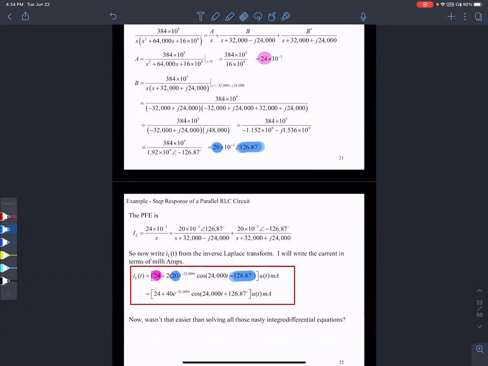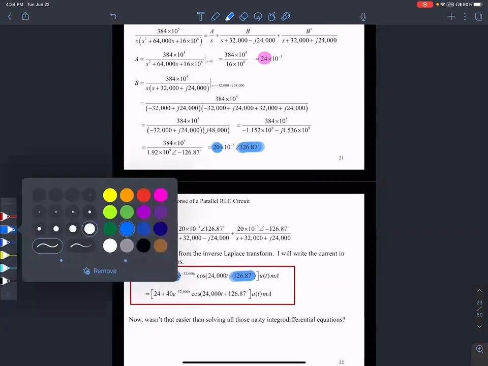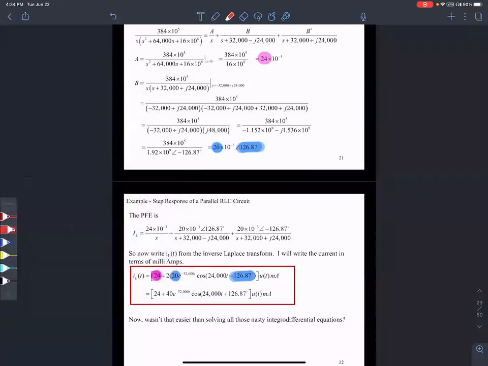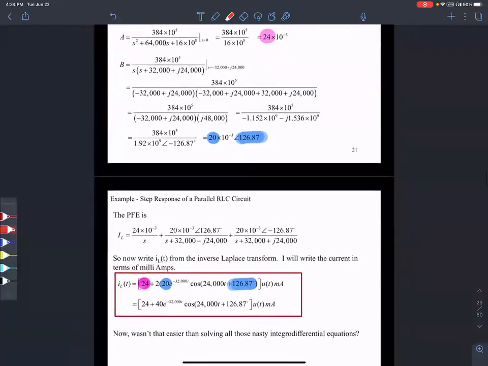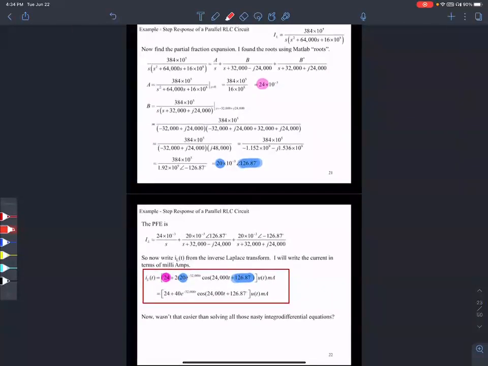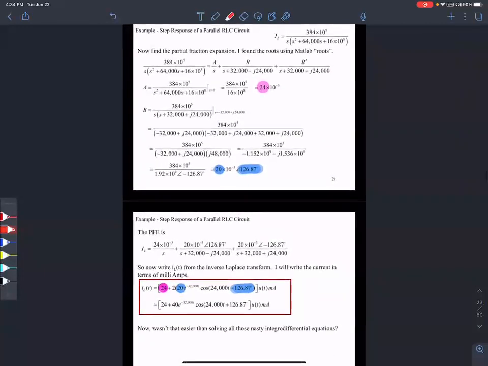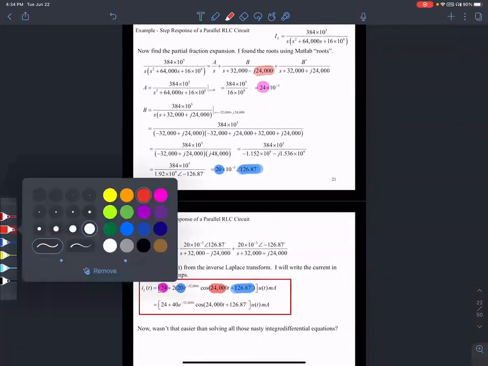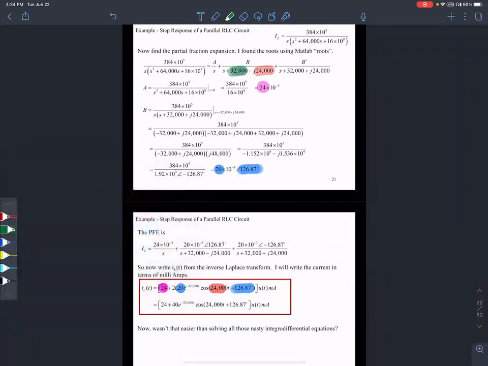All right, so not just that, there are other terms that relate here. The idea is that you have the j24,000 that's showing up here, and then negative 32,000, which is this, that's showing up here.